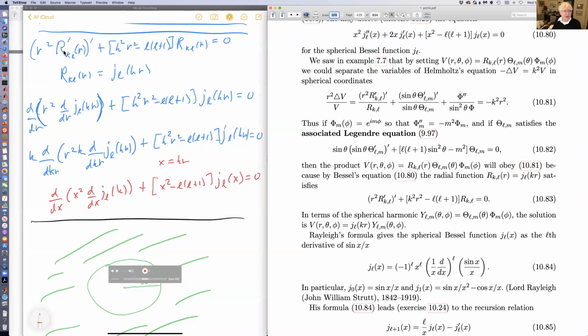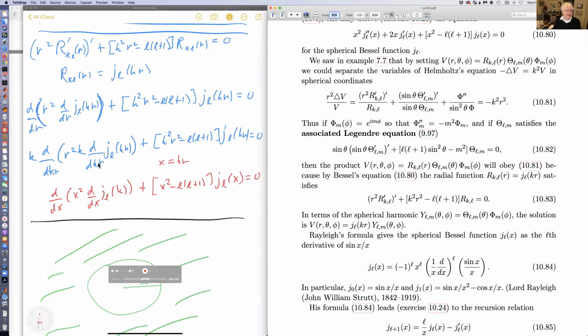Remember that the derivatives are R derivatives. So it's d/dR of R squared, d/dR of R_kl, which is the R derivative of j_l of kR. And then the rest of the thing is just a straight substitution.